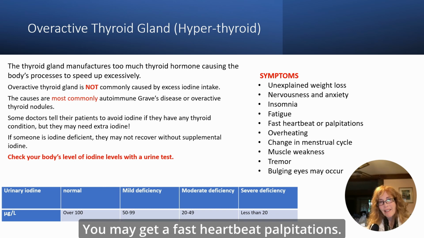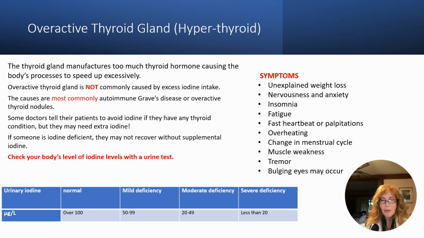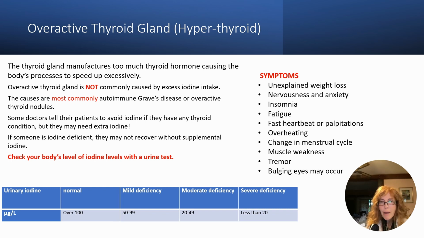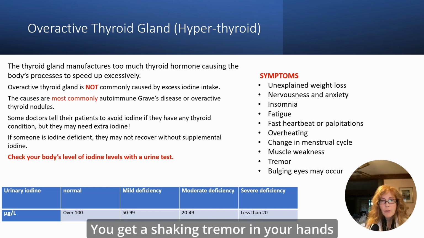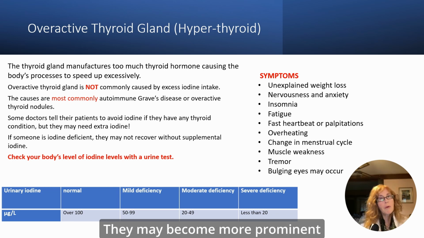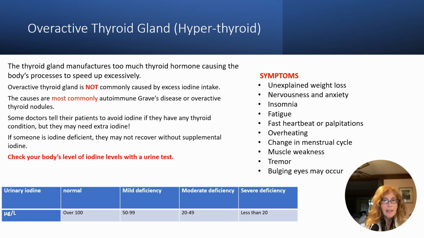You may get a fast heartbeat, palpitations. You'll overheat, change in your menstrual cycle, infertility, muscle weakness, tremor. You get a shaking tremor in your hands, and you can have problems with your eyes. They may become more prominent if the disease attacks the eyes.